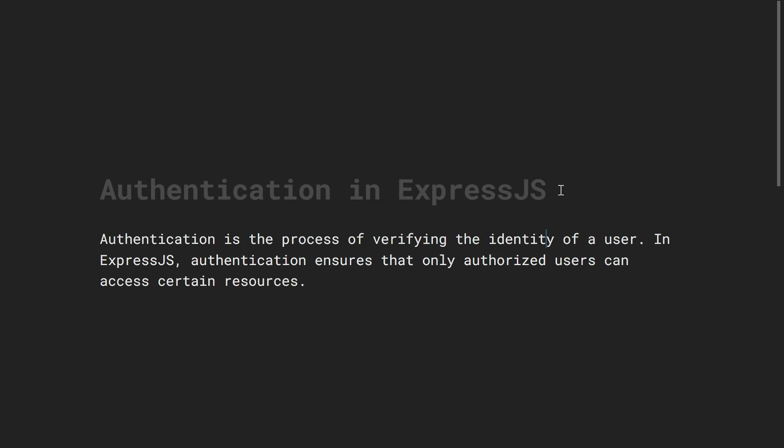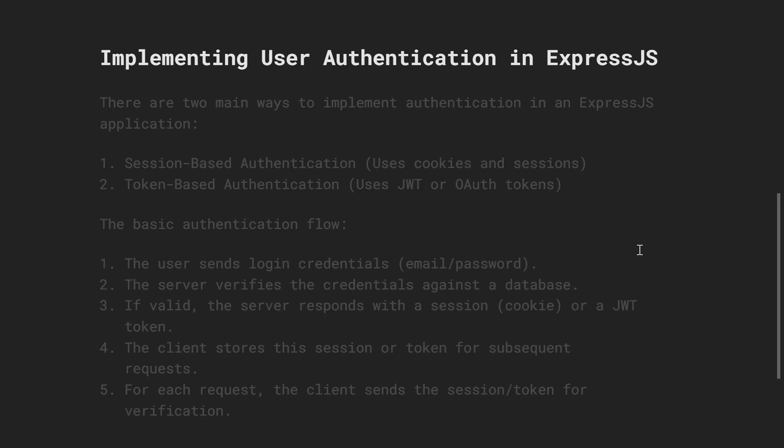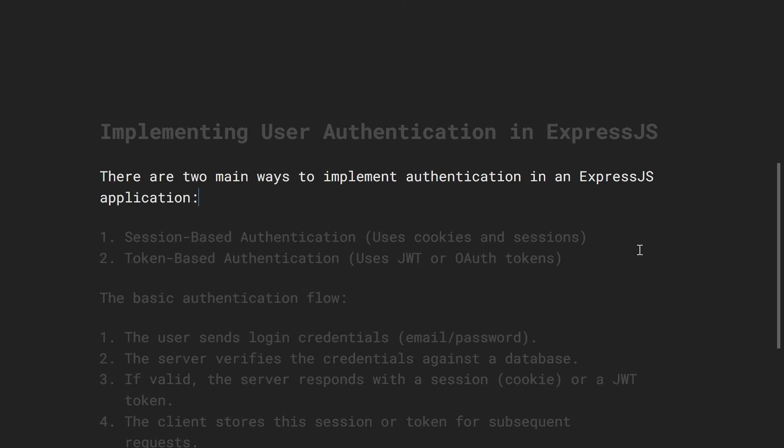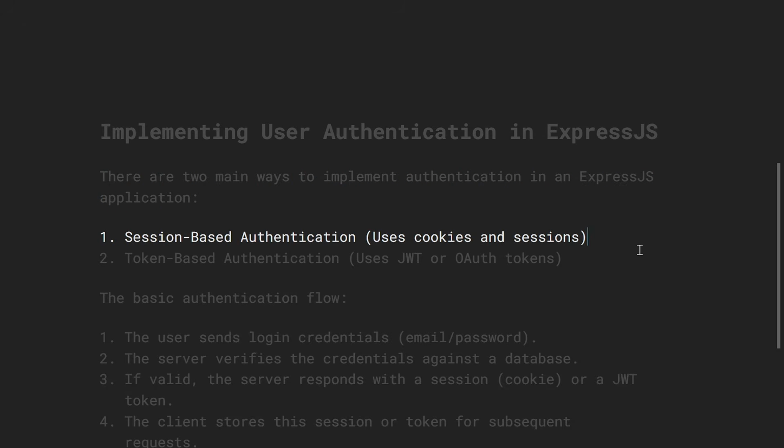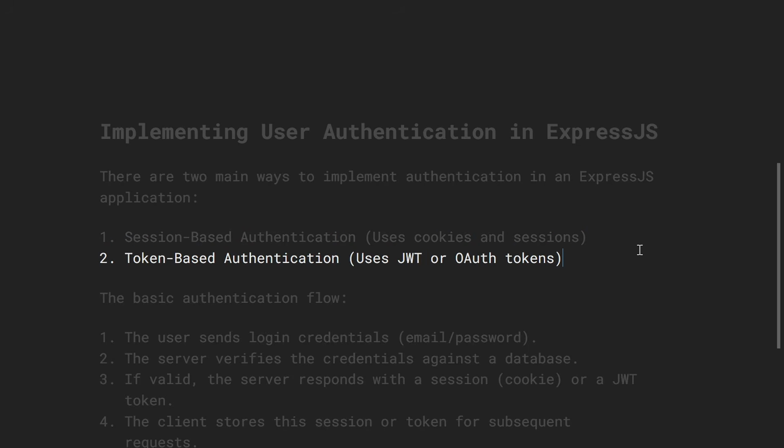The first one is session-based authentication, where we use cookies and sessions, and the second one is token-based authentication, where we use a library like JWT or OAuth, and it provides a token, and using that token we will verify the user.